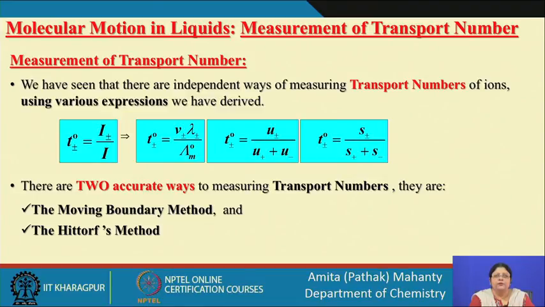We are not talking about any mixed system where we have two or three types of electrolyte dissociated, giving rise to a number of cations and anions in the system. We have also seen that the transport number can be given by the ratio of the drift speed of the cation or the anion divided by the drift speed of the total ions, cations and anions present in the system.